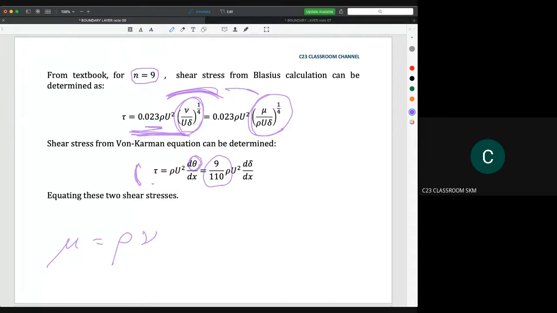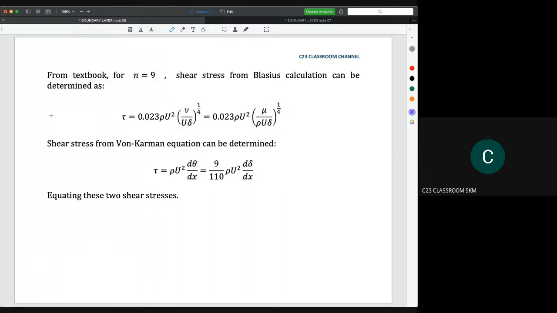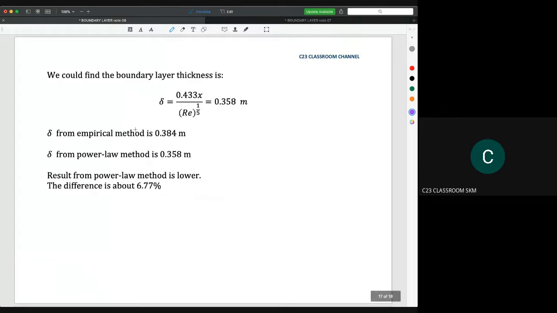After that, to make it faster, we equalize these two shear stresses, meaning the value from the von Karman with the value from Blasius. We could calculate the value of delta is 0.433x over Reynolds number to the power of 1 over 5.